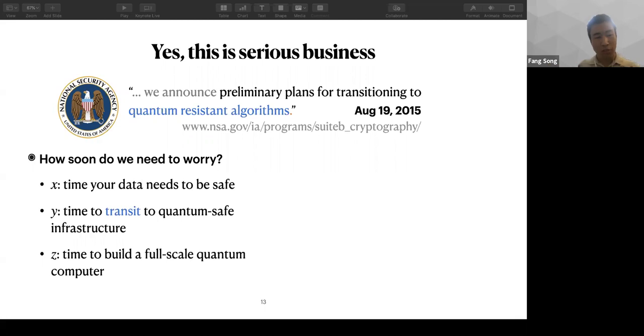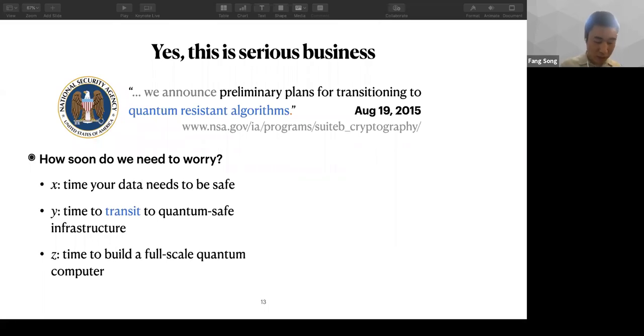And then there's the variable Y, which is the time to transit to a quantum safe infrastructure, to update all the crypto systems and crypto protocols. And then the variable Z, which is the time to build a full-scale quantum computer.